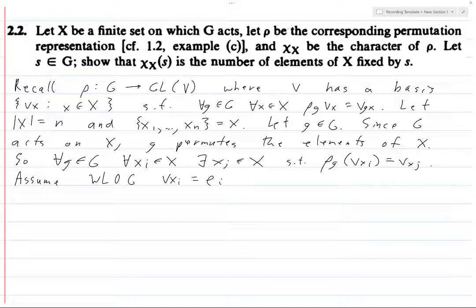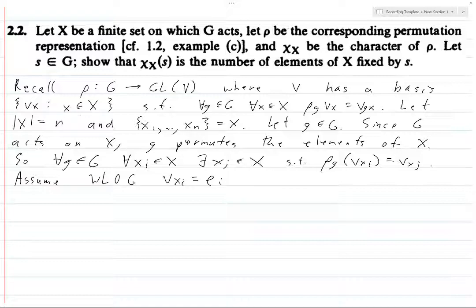You would think of it this way because you're taking your vector space V of dimension n, and you're associating the possible entries in this vector space with the elements of capital X. So the first entry is going to correspond to x1 and the second entry to x2 and so on and so forth.